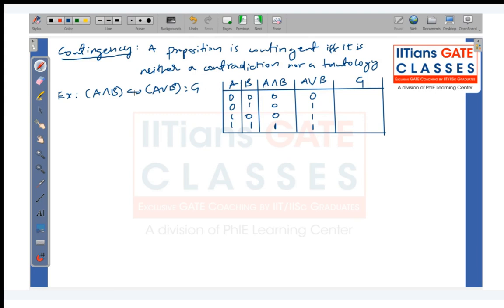This G will be the biconditional. So false implies false, that is true. Now they are not equal, so these are 0, this is 1.